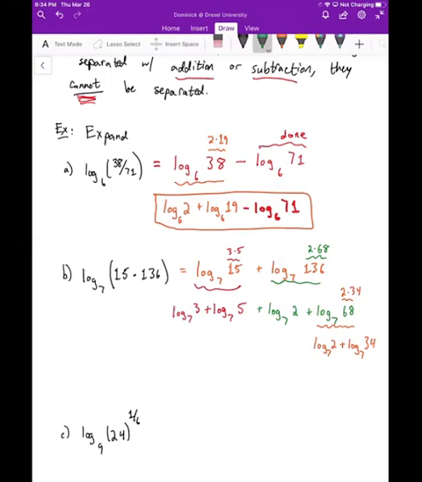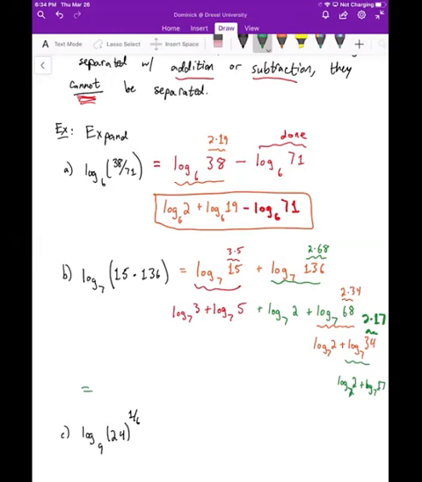And I think we could do it one more time. I think we could say this is 2 times 17. So we could say that this last one is log base 7 of 2 plus log base 7 of 17.